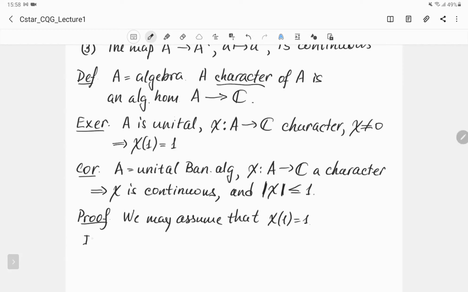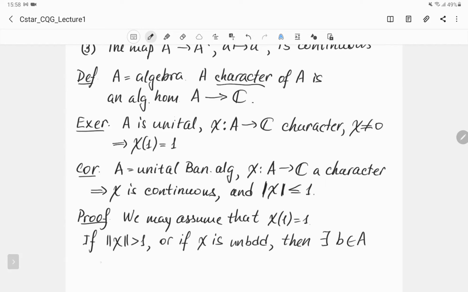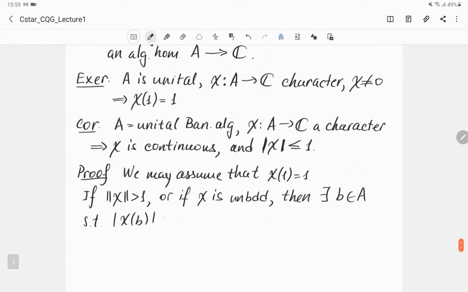So suppose now that chi is either unbounded or the norm of chi is bigger than 1. So if the norm of chi is bigger than 1, or if chi is discontinuous, or equivalently unbounded, then we can always find an element, say b, in our algebra, such that the modulus of chi of b is strictly bigger than the norm of b.